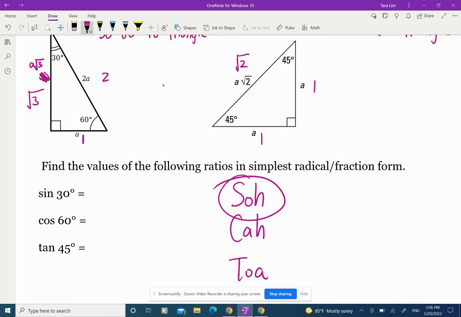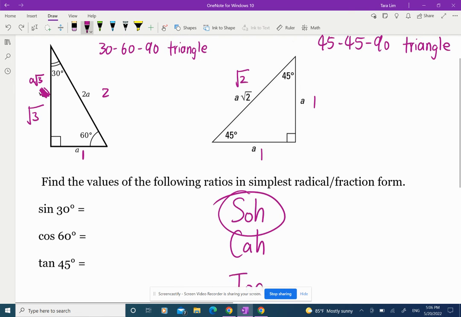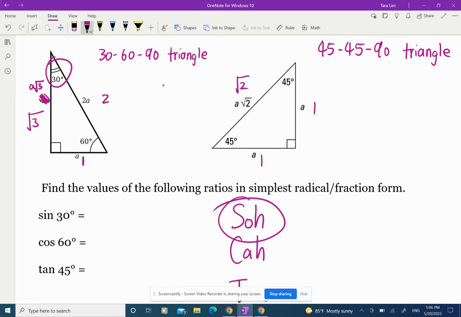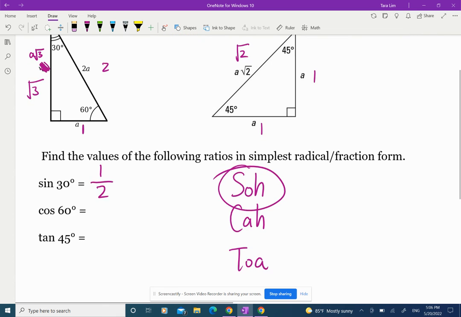So it says OH, which means opposite over hypotenuse. The opposite of 30 degrees is 1, or a. I'll just write it out as 1 over the hypotenuse, which is 2. That is the fraction form. We don't have to do the radical form. It says fraction form, so we can just leave it as a fraction. It's really that simple.